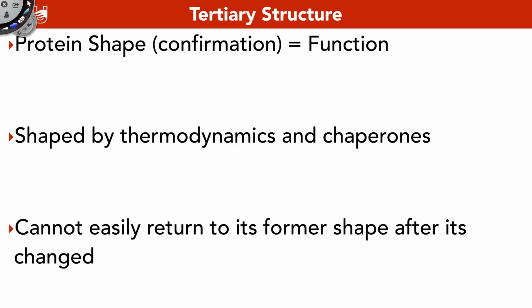Well, what if we could change the primary sequence, right? So we have different amino acids. What if we changed this amino acid? That change may, I'm not saying it will, but may change the shape of that protein. That change in shape may change the function of that protein.